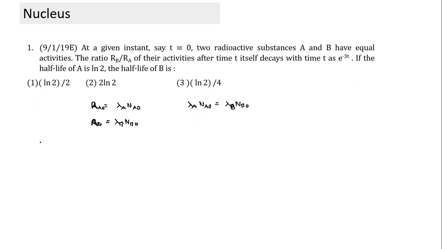So what will their activities be after time t? RA will be equal to RA naught e raised to the power minus lambda A t. And similarly for the activity of B after time t.